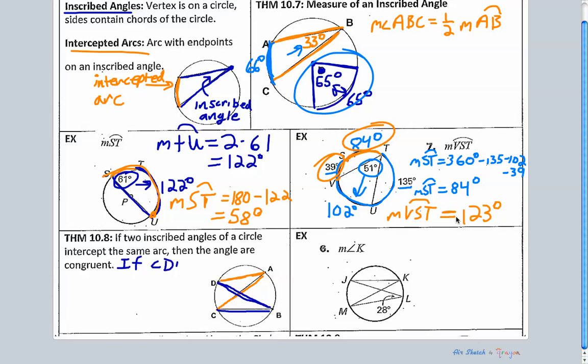angle DAC and DBC intercept DC, then I know the following: that angle DAC is congruent to angle DBC.